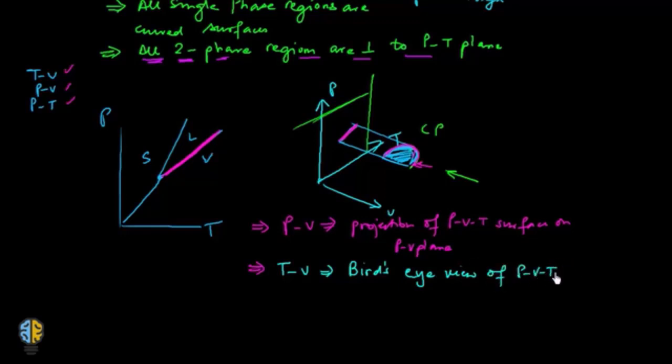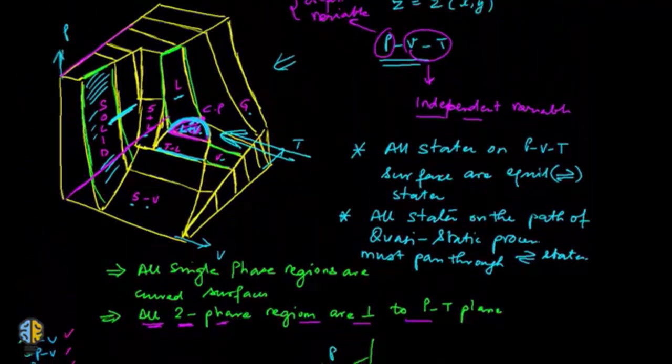The PVT surface presents a great deal of information at once, but in a thermodynamic analysis, it is more convenient to work with a 2D diagram, such as pressure volume or temperature volume. I hope you got the idea behind the PVT surface and how it is used to analyze thermodynamic processes with the help of 2D diagrams.